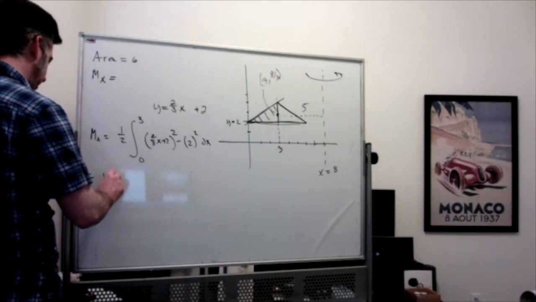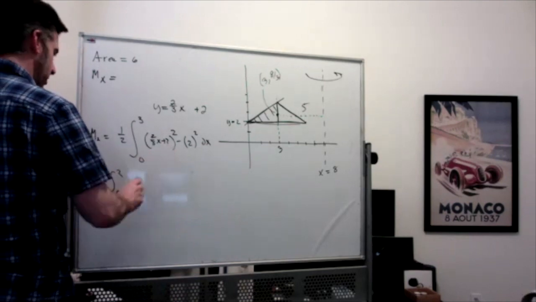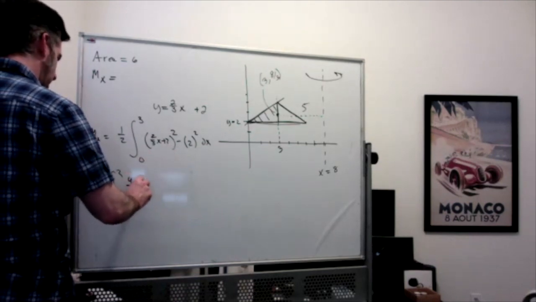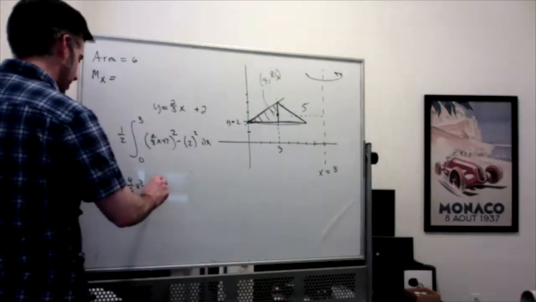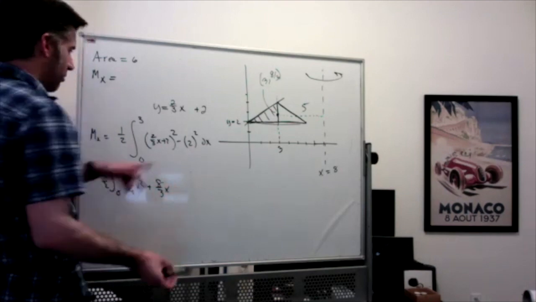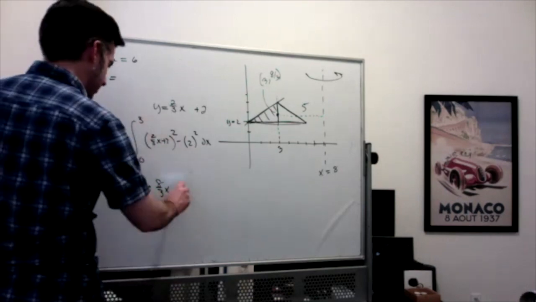It's going to be 1/2 the integral from 0 to 3. Squaring this out, you get 4/9 x squared plus 2/3 times 2, which is 4/3, times another 2, which is 8/3 x, plus 4 minus 4 cancels out.